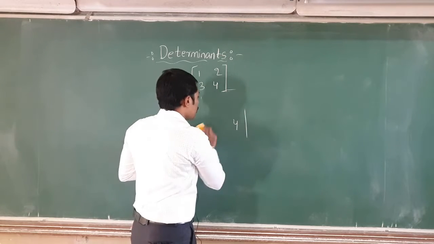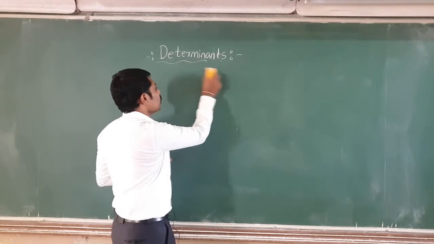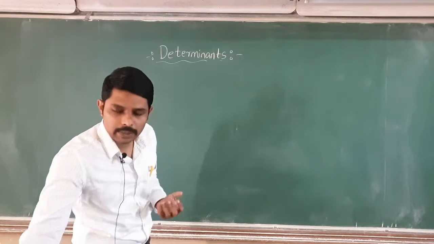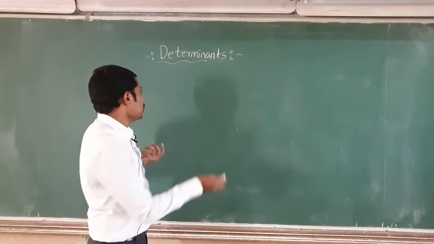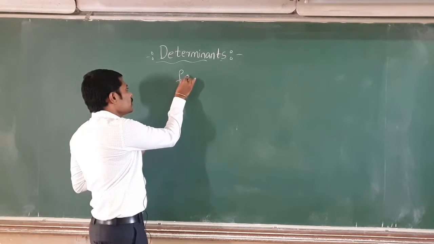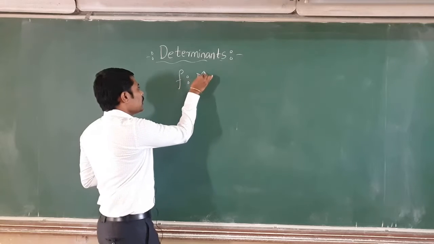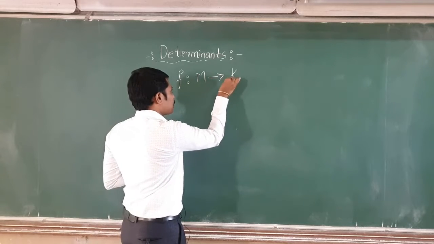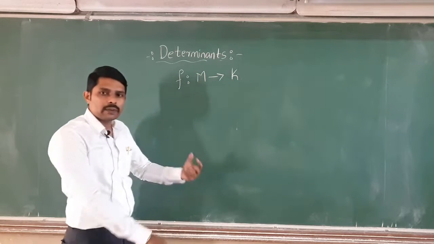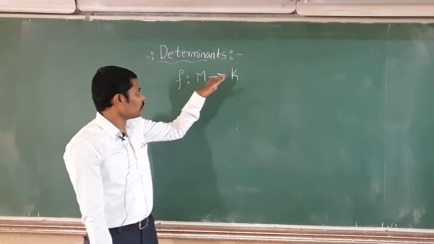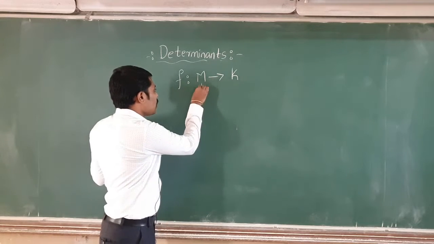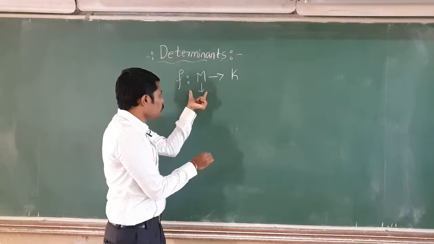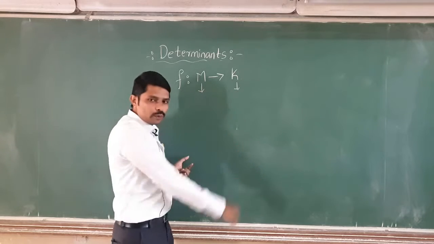In terms of function, we will see another definition of the determinant. In terms of function, determinant is a function from M to K. This you already know, this is nothing but input, this is nothing but output.